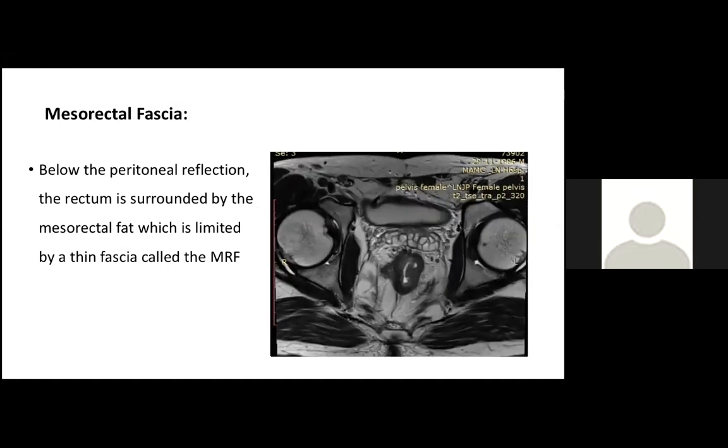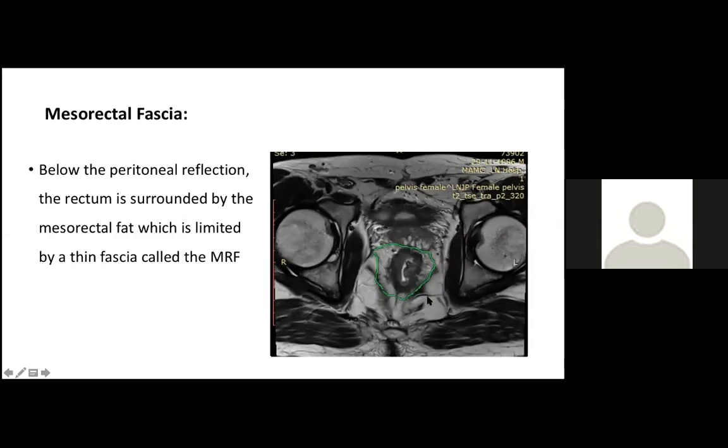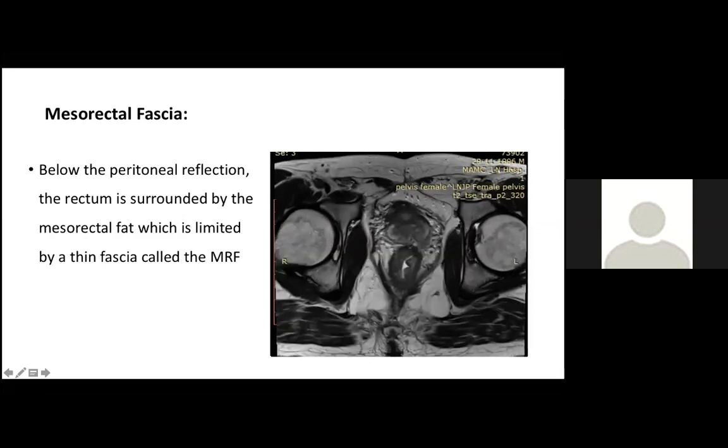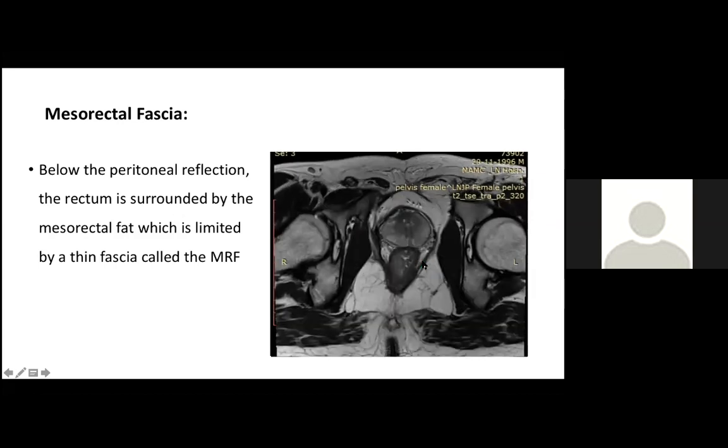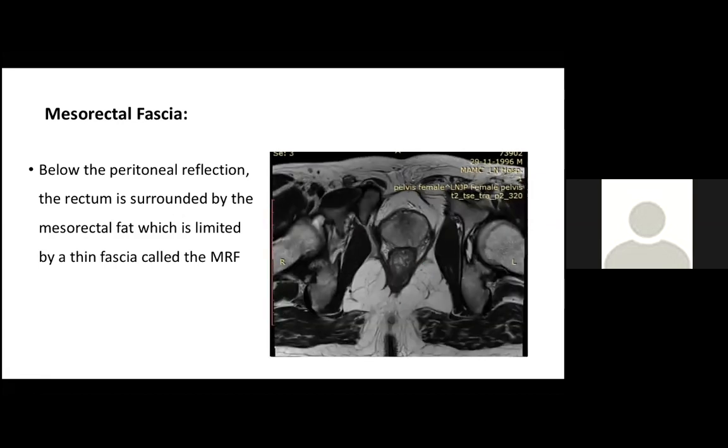Now as we go down, the diaphragm has started to appear. This is the levator ani coming up, and here the fat is decreasing because it cones down. If we go all the way down beyond this, it will be very difficult to delineate any mesorectum. So I will stop here.